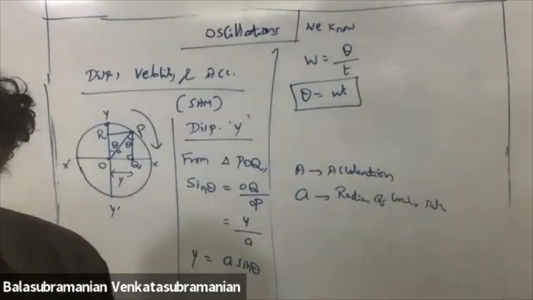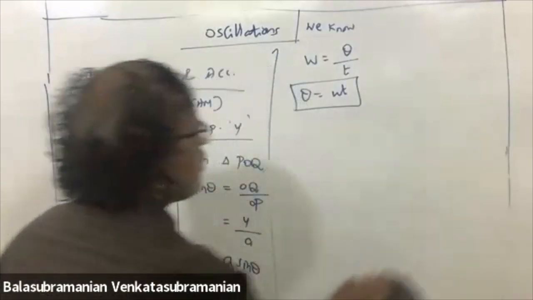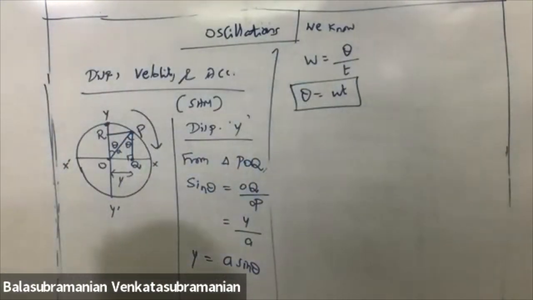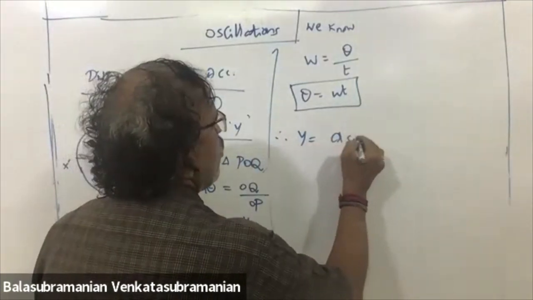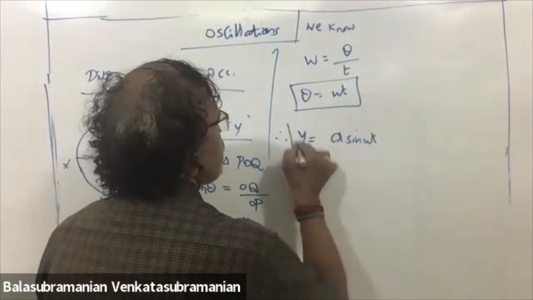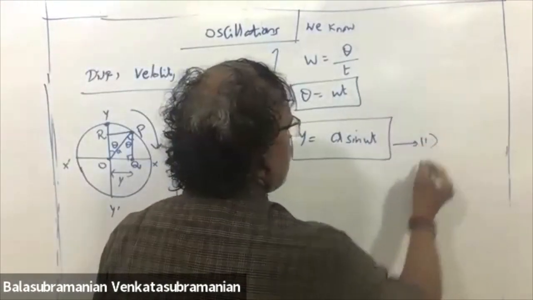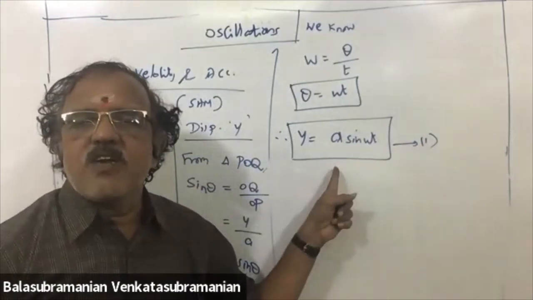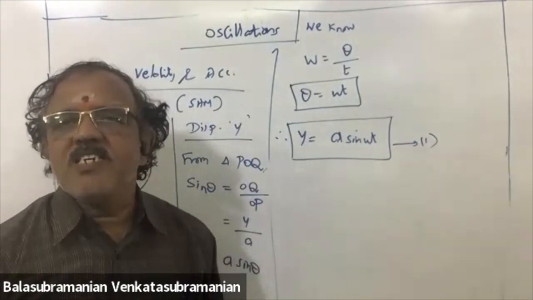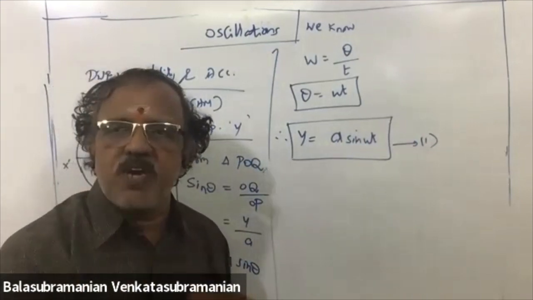Substitute. Therefore, y is equal to a sin omega t. Equation 1. This is called the equation for displacement. A is called the radius of the circular path in which the particle is moving.